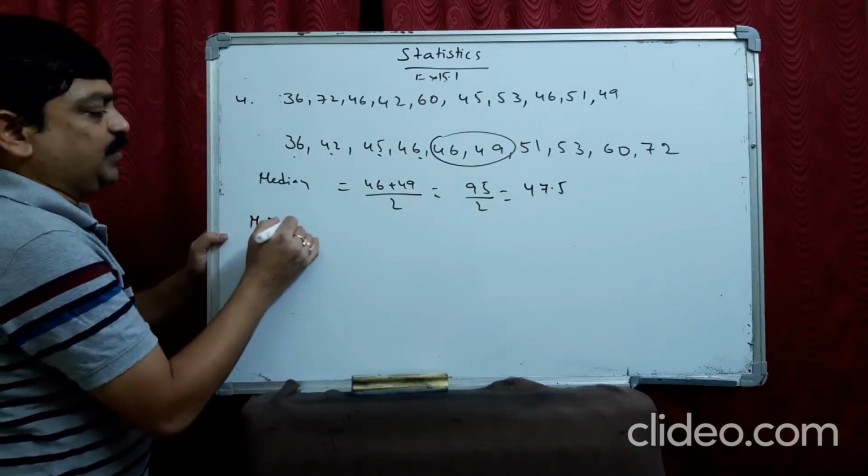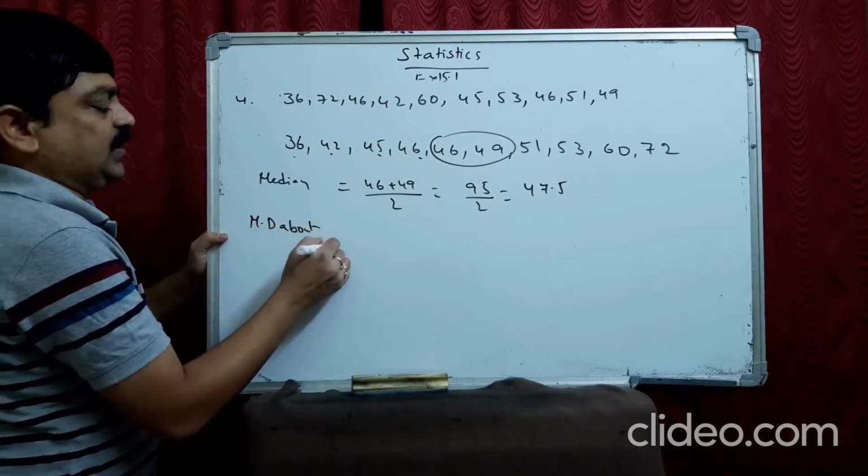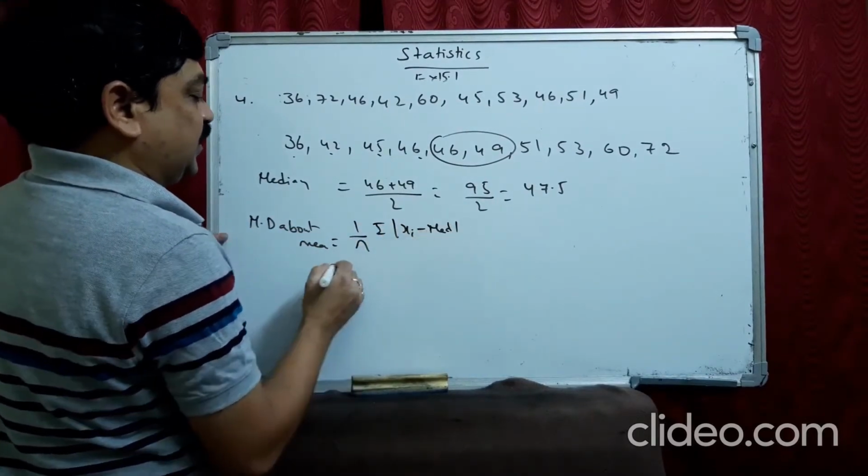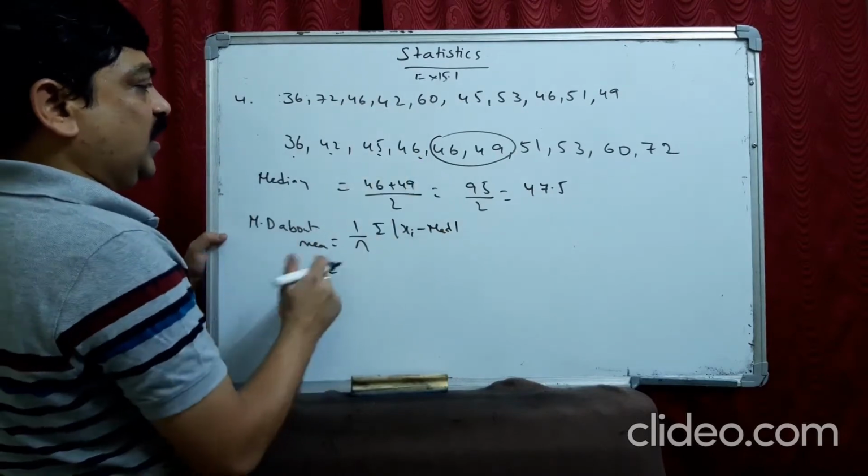So mean deviation about median is equal to 1 by n sigma mod xi minus median. Let us subtract 47.5 from each term.